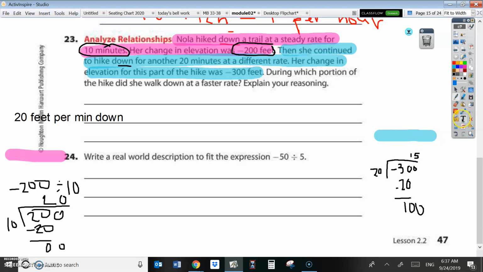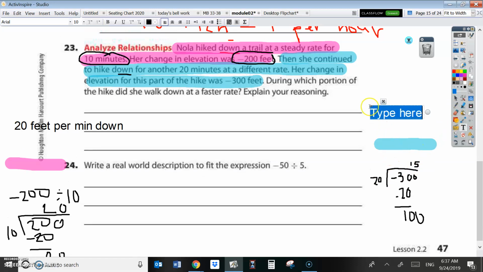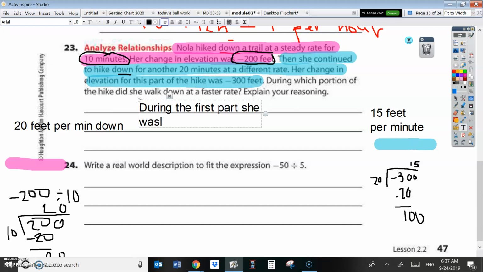So here she did 15 feet per minute. So during the first part, she walked at a faster rate.